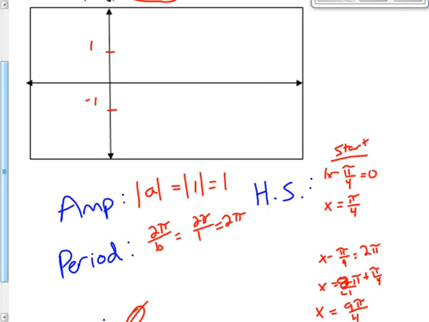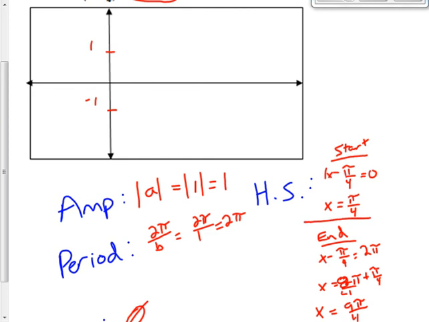The period is 2 pi. And so I've got a period of 2 pi, so my graph should make one complete frequency, one complete revolution in that 2 pi. But because I chose to do my horizontal shift in the way that I have a starting point, and this was the ending point, by the way, where I have a starting point and an ending point, I can plug those in.